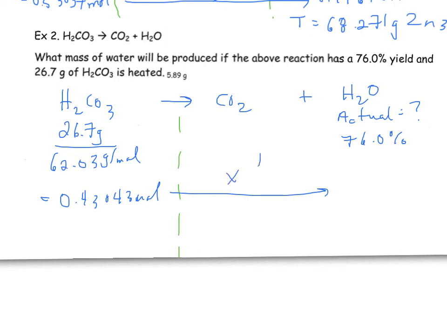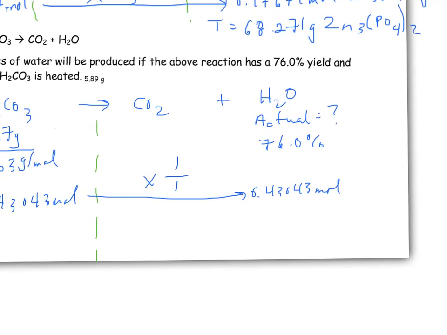It's going to be 1/1. So I'm going to make 0.43043 moles of water. To change that into grams and determine the theoretical yield, I'm going to multiply by the molar mass of water.